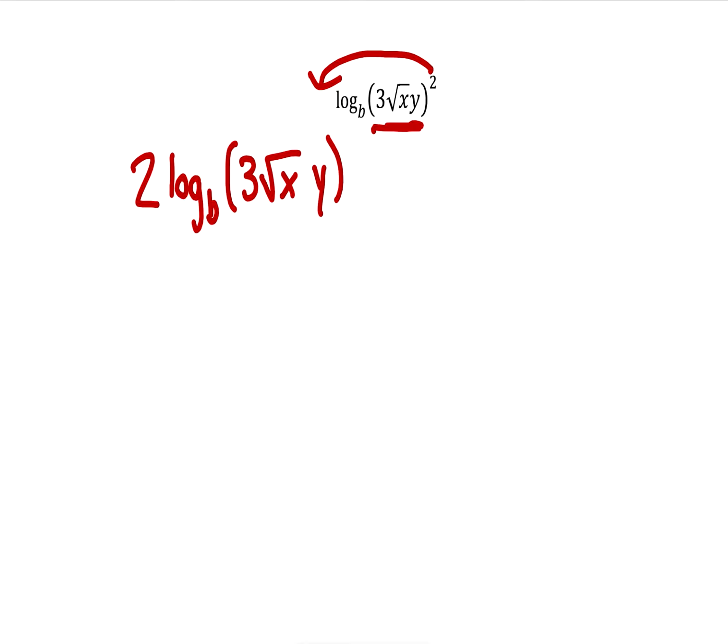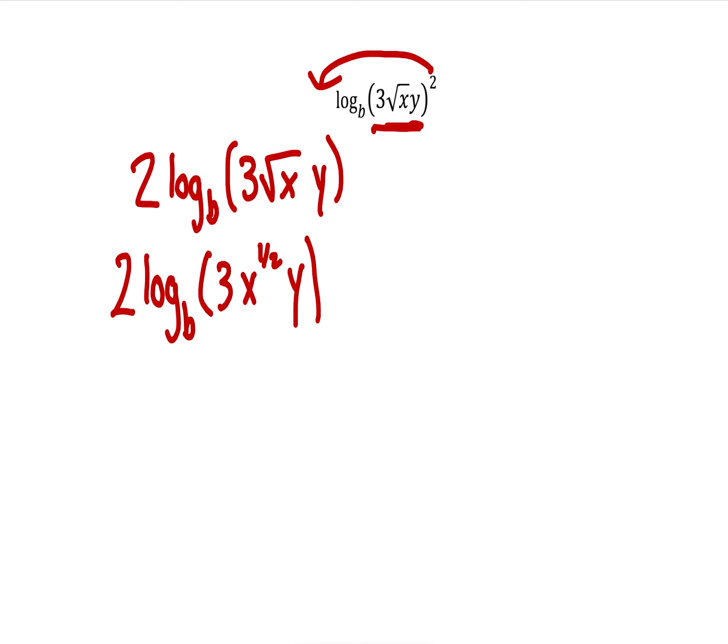I'm going to go the cautious route and do one extra step that a lot of you might not do. That radical x, I'm going to turn into an exponent, just so we can see what we would do a little bit easier, since it's our first day of doing this. So that would be 2 log base b of 3 x to the 1/2 y.